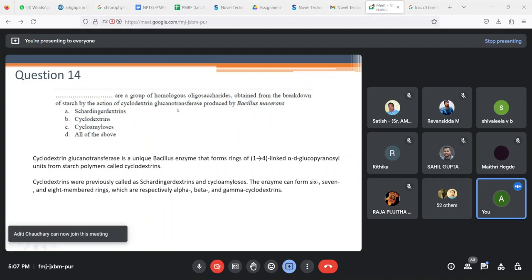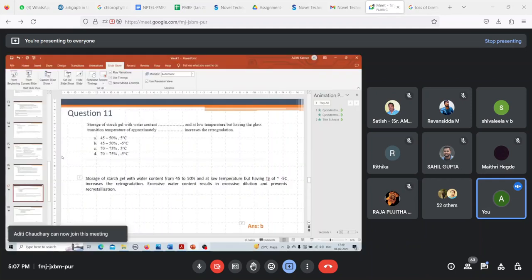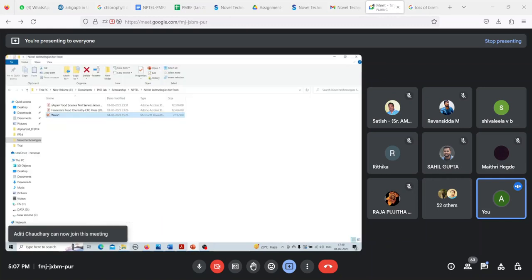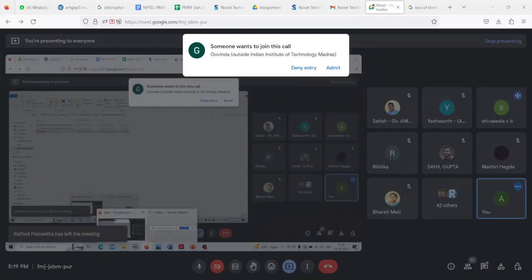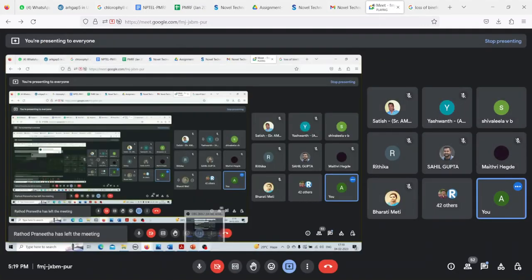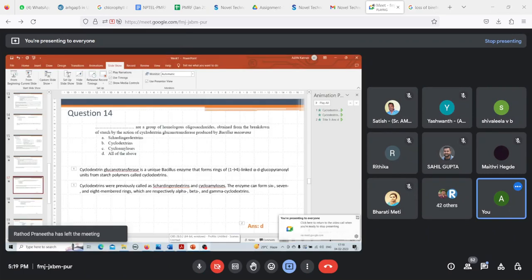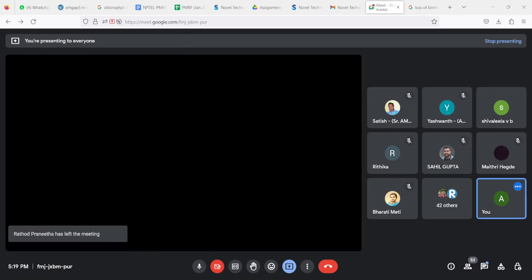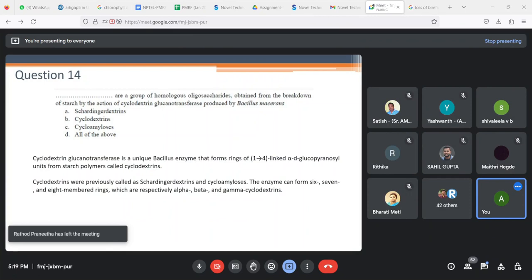This enzyme breaks down starch into cyclodextrins, and it is a very important enzyme in the food product industry. So the answer is all of the above. The starch is broken down into 6, 7 and 8 membered rings, also known as alpha, beta and gamma cyclodextrins. So the answer is option D.